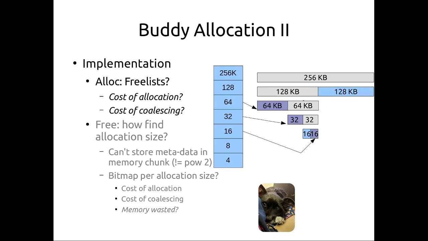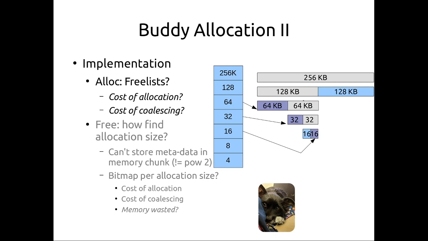And because we don't have a header, we can't assume that the first bytes of the chunks of memory are configured to be either a header or free list. Therefore, it's hard to tell whether it is free or allocated. So we actually can't use any of the techniques that we talked about before, essentially about embedding some of the data structures within the allocations, except for the free list. That we can use, but that's about it. So we're left with a lot of problems here.